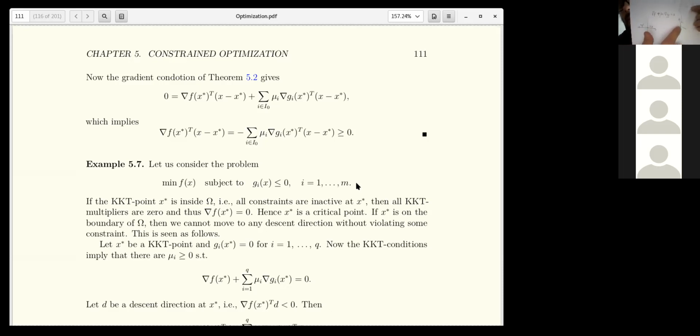This is not a KKT point because we can go in this direction to make the function smaller, right? So we prove basically that if it's a KKT point, then this thing holds, and there are no other problematic points because f is convex and the g functions are convex.